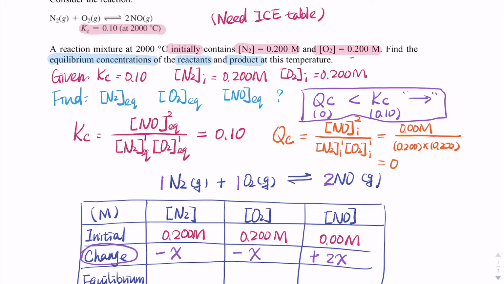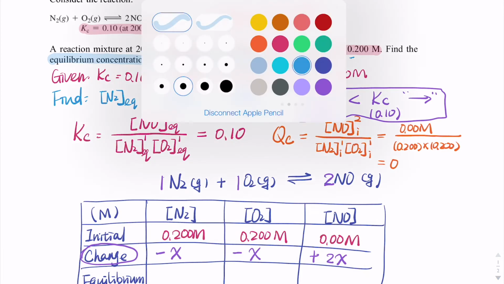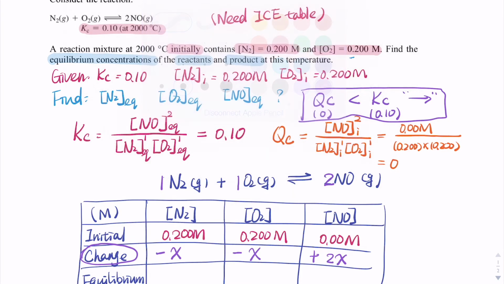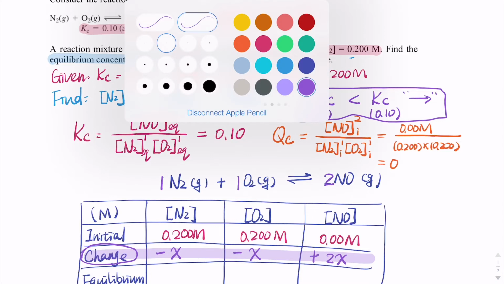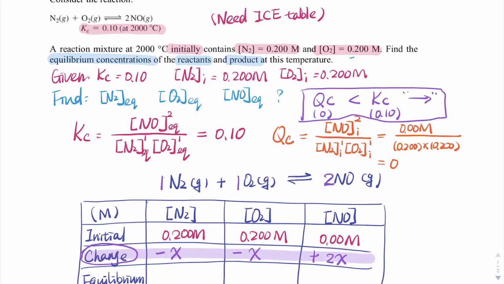That's the change, and this part is quite important to understand, otherwise the whole table is going to get messed up. After this step, you can fill out the last piece, which is quite easy because we're looking for equilibrium, which we can consider as final. Remember, change is always equal to final minus initial.